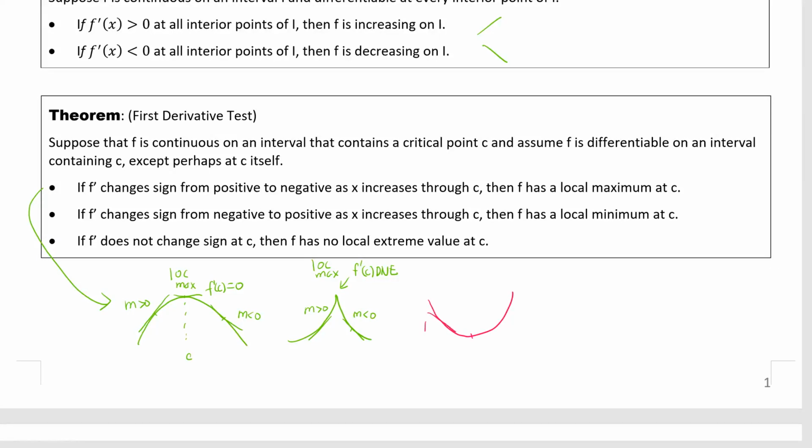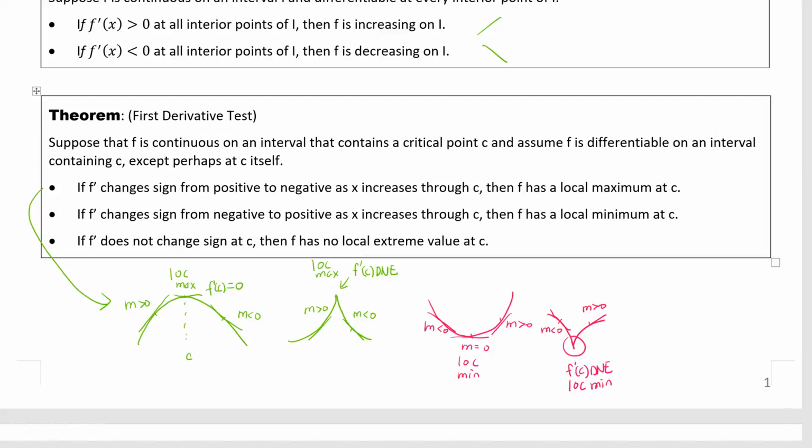Here it's negative, here the slope is positive, here the slope is 0, and you can see we have a local minimum. And the picture could be something like that, where f prime of c does not exist, but we also have a local minimum, because here the slope is negative and here the slope is positive.